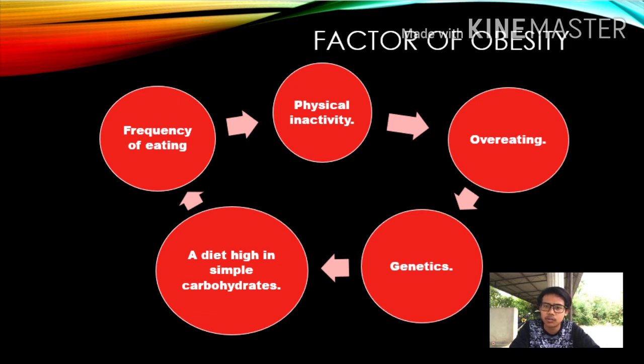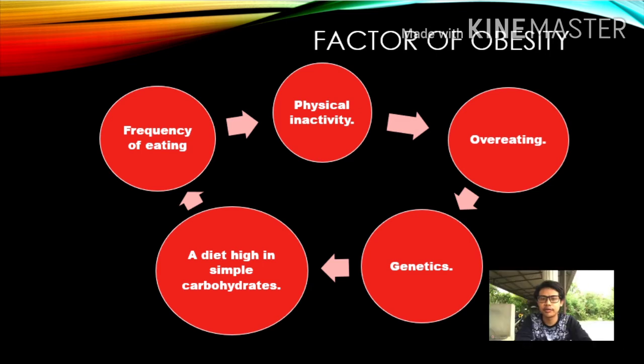Leptin controls weight by signaling the brain to eat less when body fat stores are high. If for some reason the body cannot produce enough leptin, or leptin cannot signal the brain to eat less.